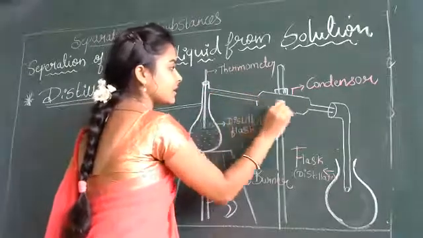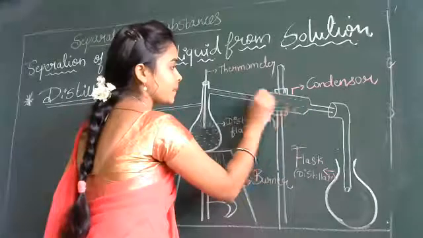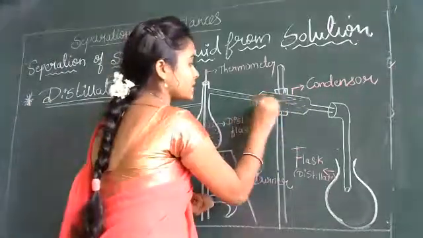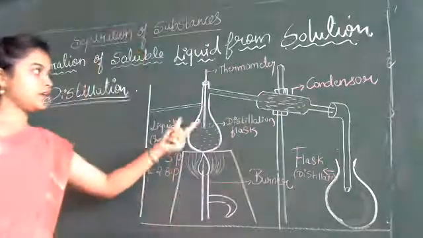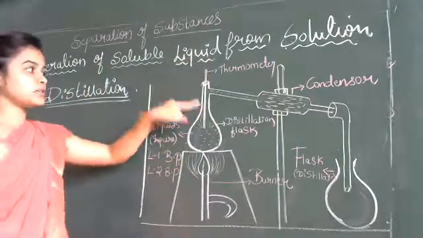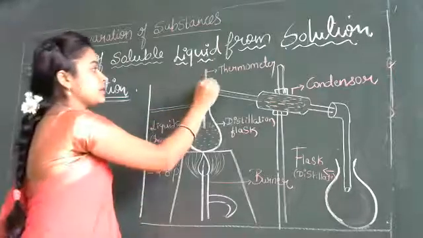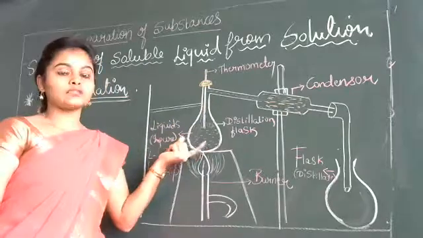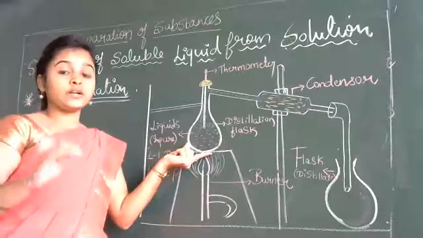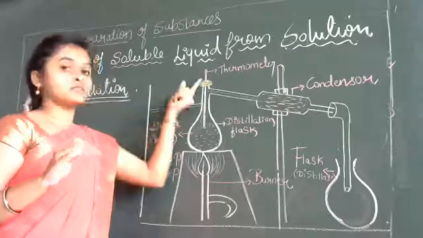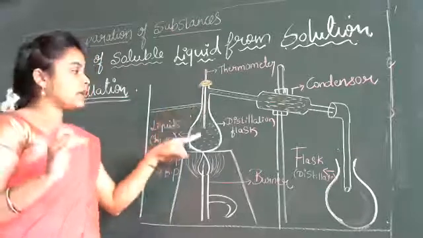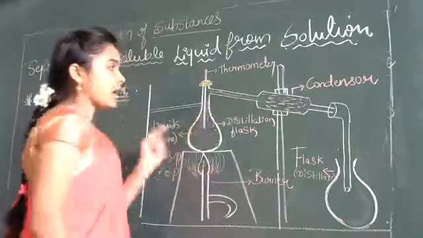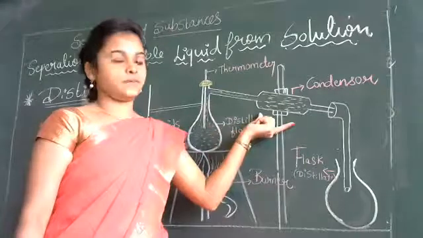So these vapors are collected in the condenser. Not liquid, the vapors are collected in the condenser. Here there is no space for the vapors to go out. This is completely packed. As the solution starts boiling, whichever liquid's boiling point is reached first starts boiling and gives us vapors, and those vapors are collected in the condenser.